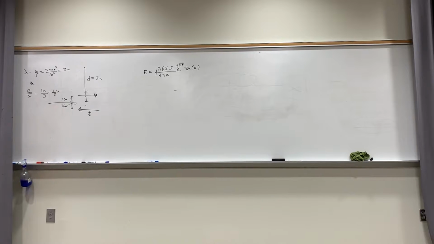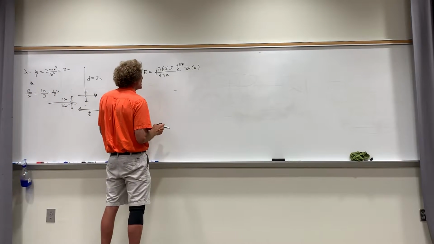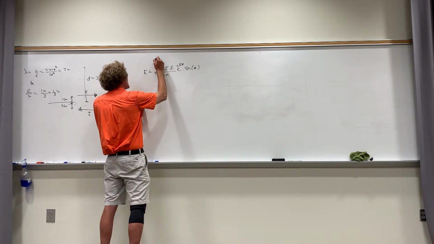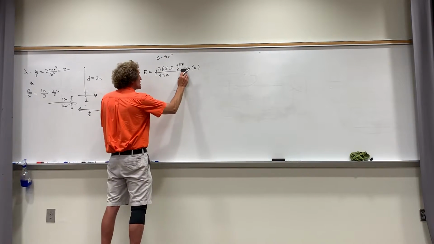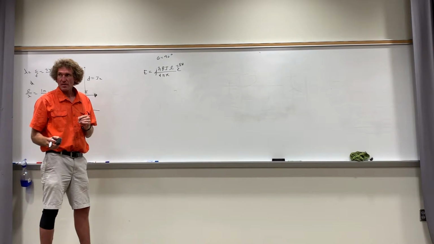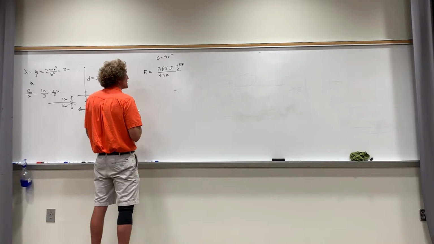That means I can get rid of that j term. I'm also going to say this happens at theta equals 90 degrees, and because of that, I'm even going to get rid of the sine term, all right? Are you with me? I'm getting rid of the j term because it won't have any bearing on this.